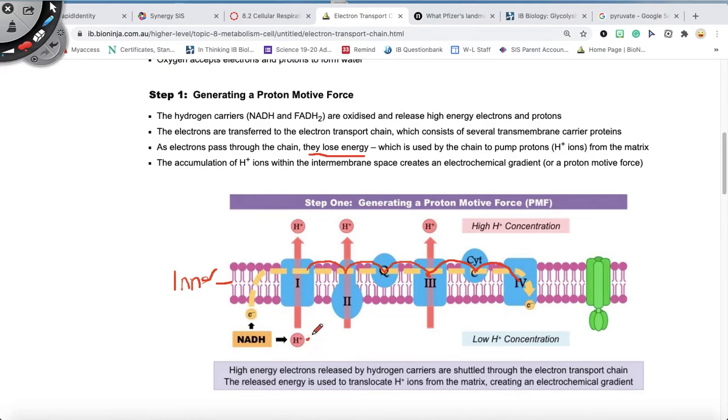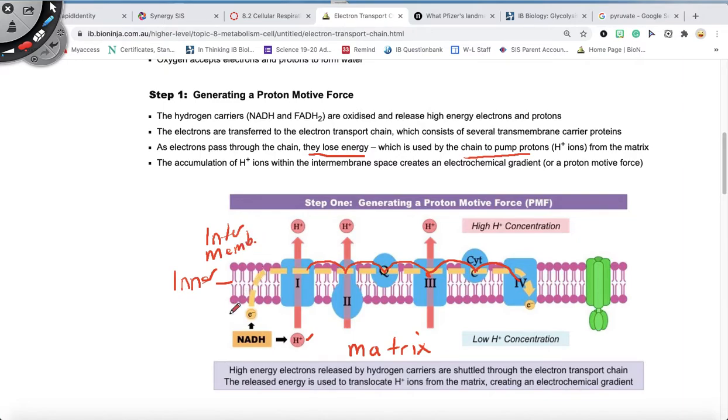So these hydrogen ions that these taxis picked up and now released, what are they going to do? They're going to get pumped with the energy released by the electrons, from the matrix of the mitochondria into the intermembrane space.